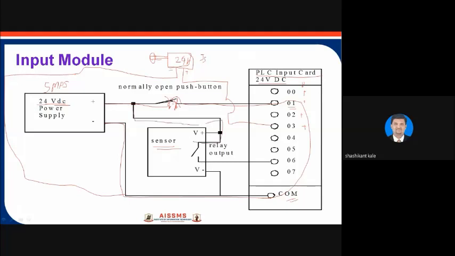Negative end of the sensor is connected to the positive end of whichever channel you have to connect. Say for example, here they have decided to connect to channel number 6. Then here will be the switching action, and that switching action depends on the sensing.